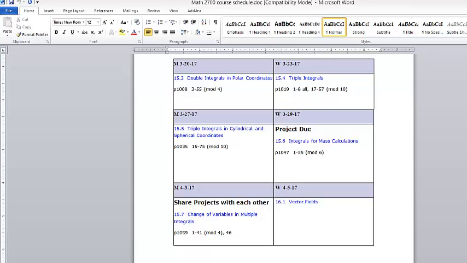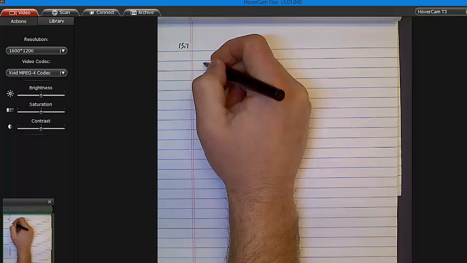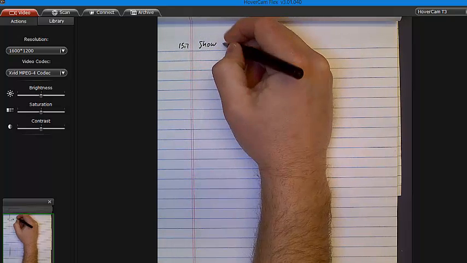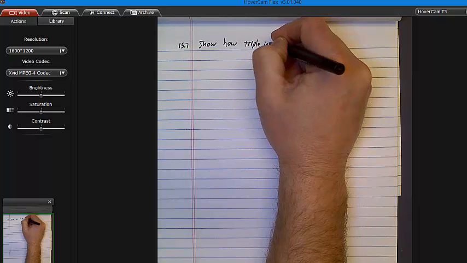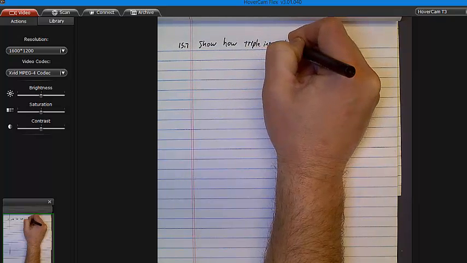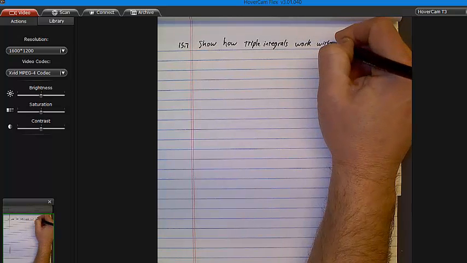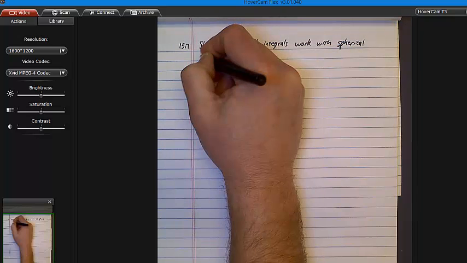So I guess we're going to start 15.7, and we have one more example. We want to show how triple integrals work with spherical coordinates.